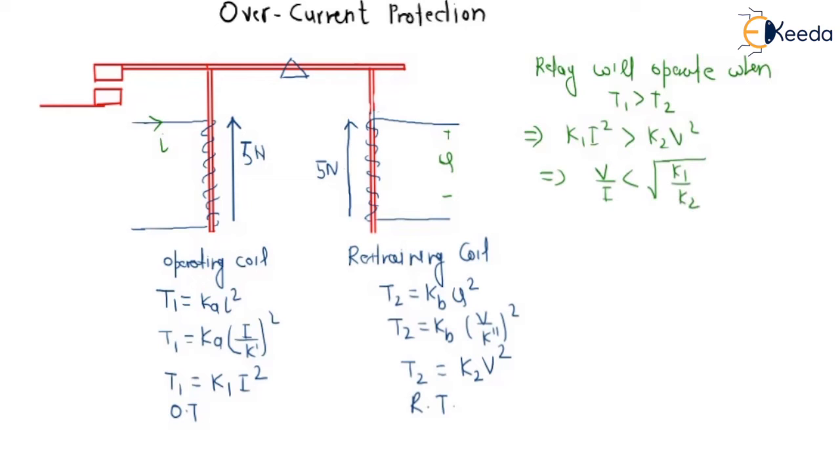V by I is Z, because we know the V by I ratio is impedance, and square root of K1 upon K2 is also an impedance, which we write as Z set. We write V upon I as Z seen. I will discuss the concept of Z seen with a numerical. So the relay will operate when Z seen is less than Z set.